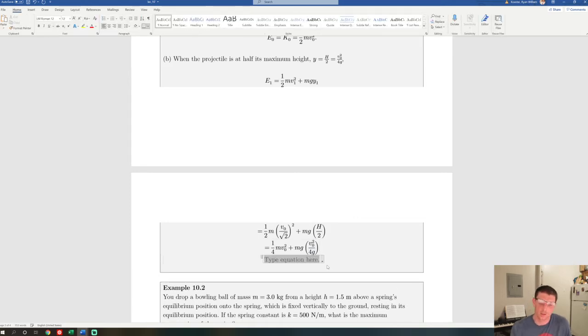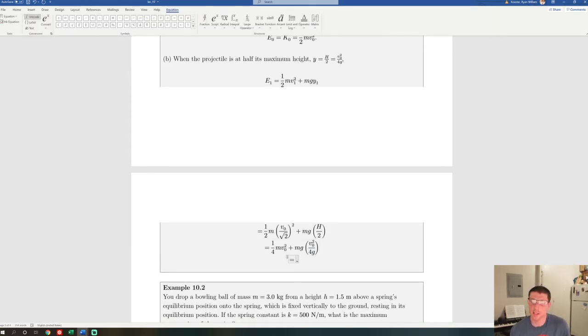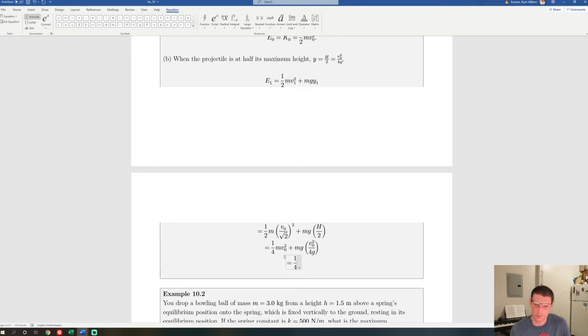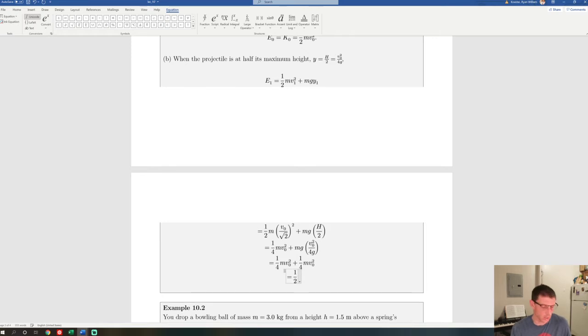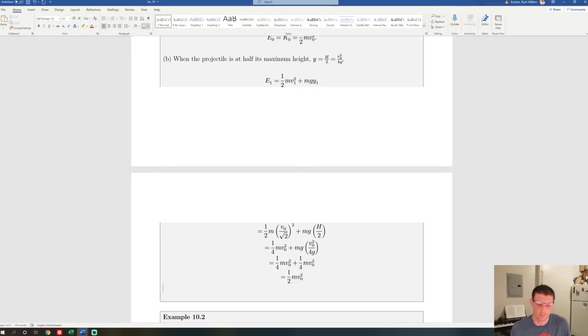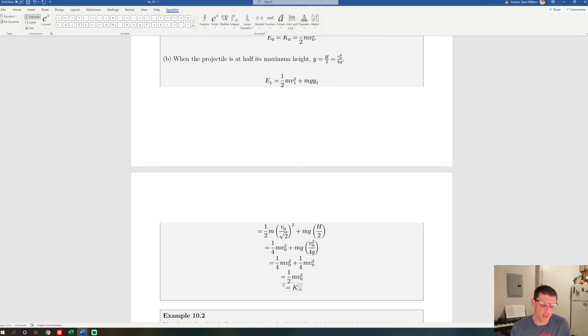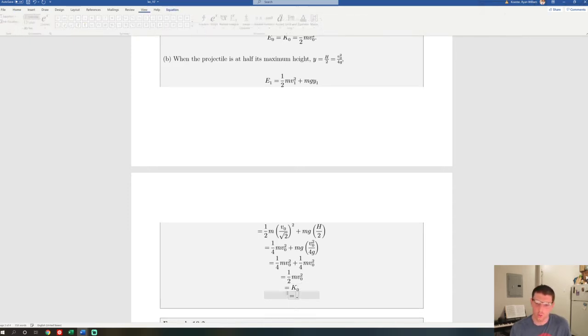When we go through and cancel the g's, what we find is 1/4 m v naught squared plus 1/4 m v naught squared. And lo and behold, this works out to be 1/2 m v naught squared, which was our initial kinetic energy, which was our initial mechanical energy, right?